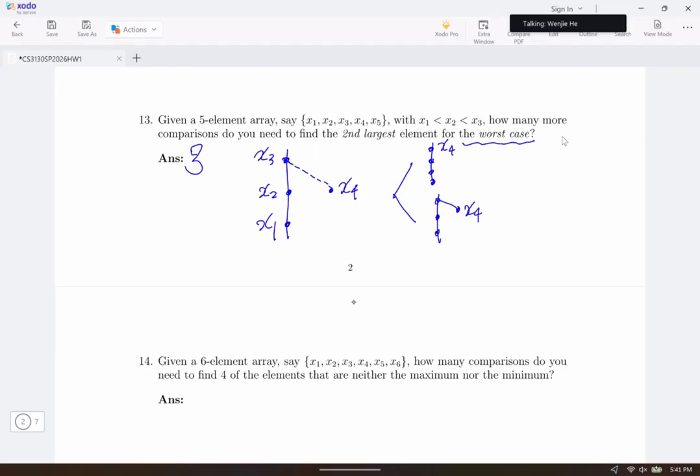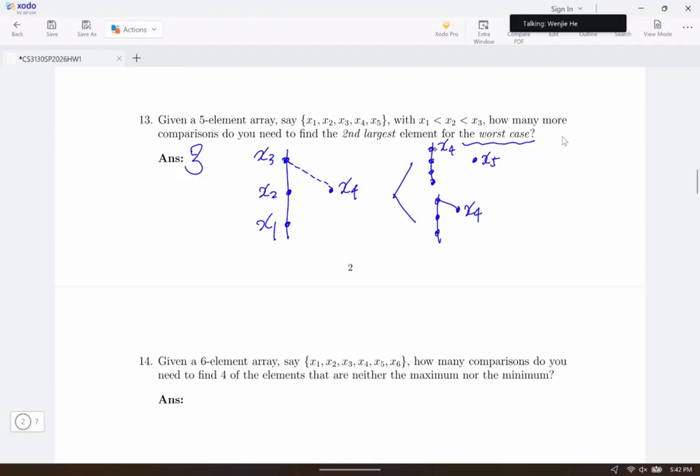Because if x4 is greater, then you get a partially ordered array with 4 elements, and only one last element left, x5. Then you need to find the second largest.